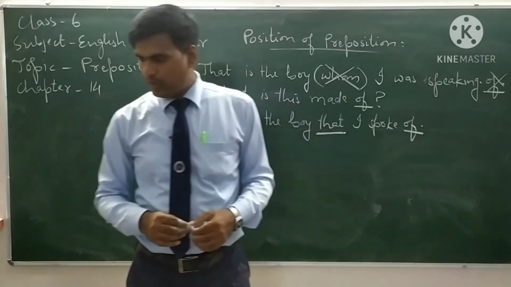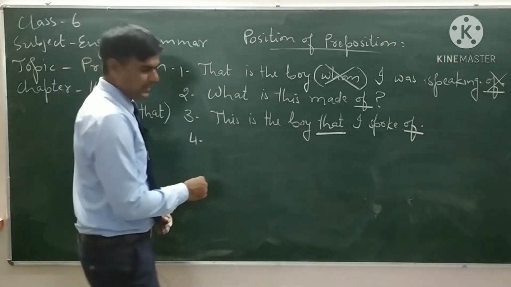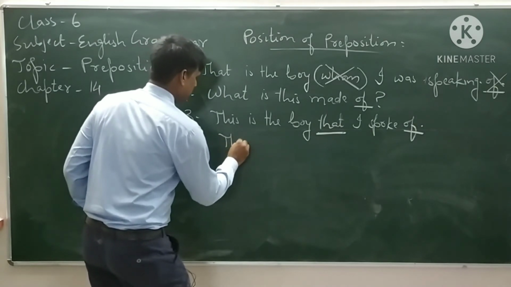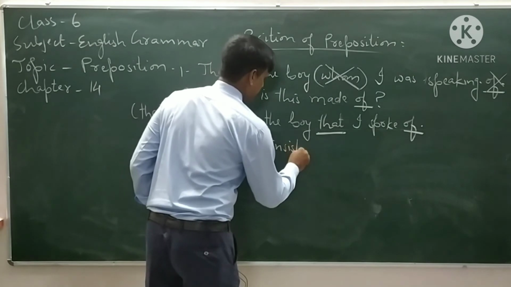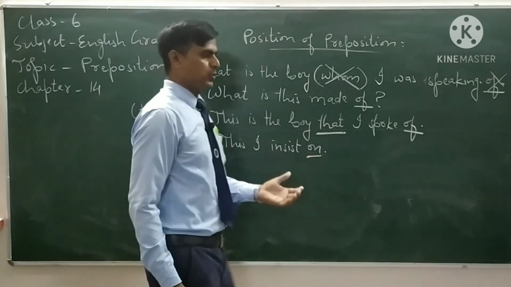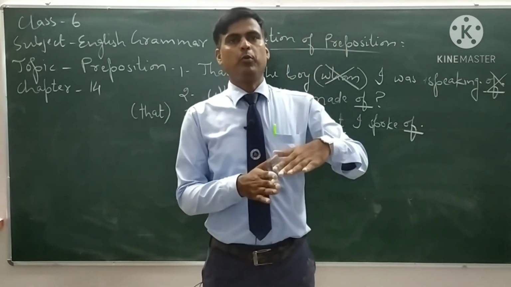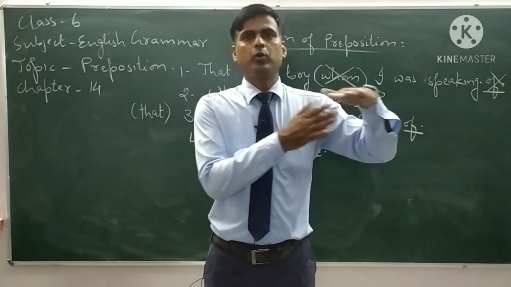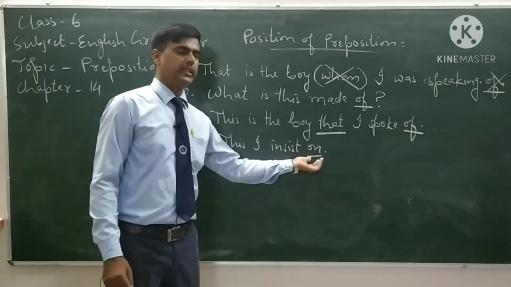For example, we can say, this I insist on. Here we are going to make more emphasis on the sentence. That's why we are going to use the preposition in the end.